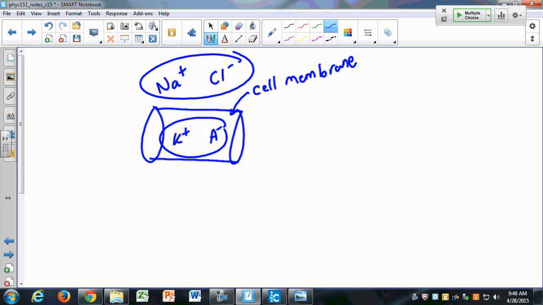There are more potassium ions on the outside than the inside. Or excuse me, more potassium ions on the inside than outside. So by diffusion, you'll have potassium ions that will move from the inside to the outside.